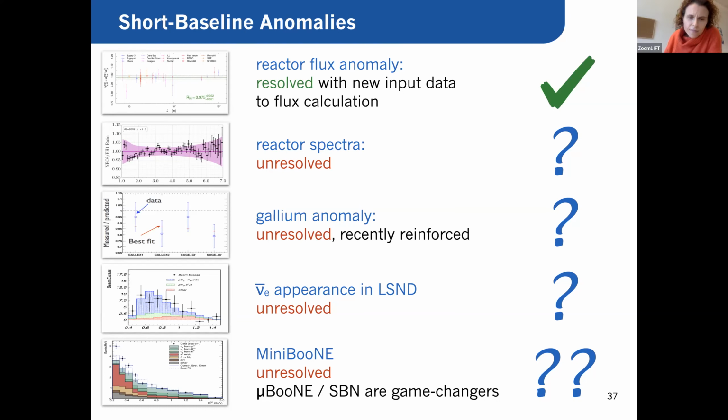So for a while we thought that by having a heavy sterile neutrino decay to electron neutrinos in flight, and then using those electron neutrinos as an actual signal, that could explain the LSND anomaly. But then it was pointed out by Matthias Hostert and Maxim Pospelov and others that we had underestimated the constraint from solar neutrinos.